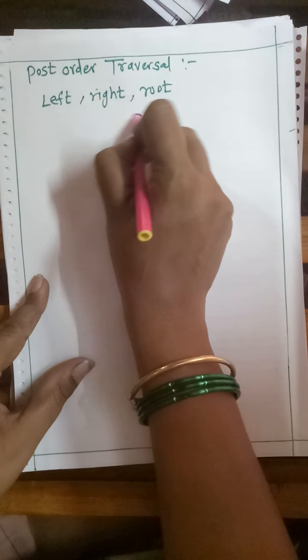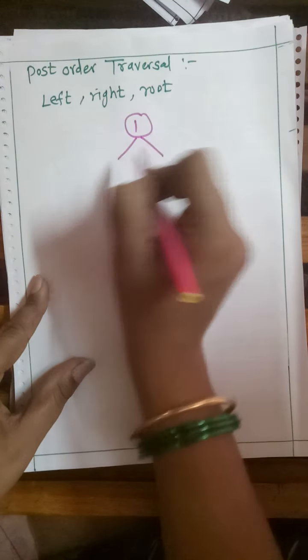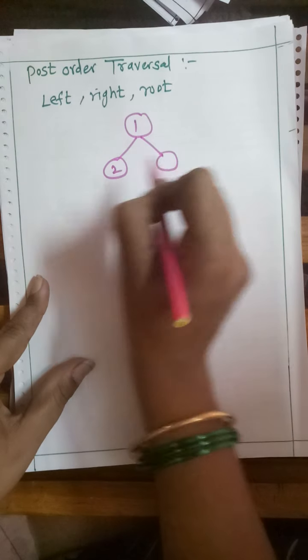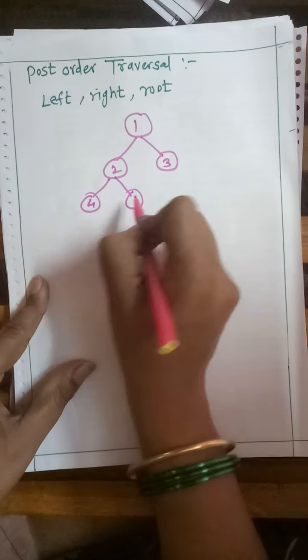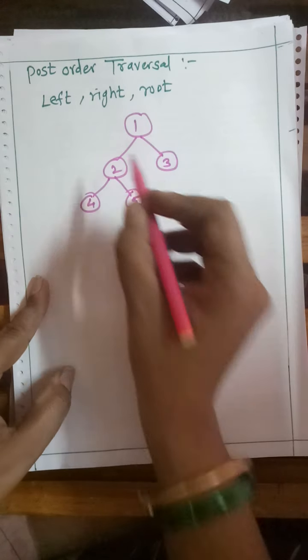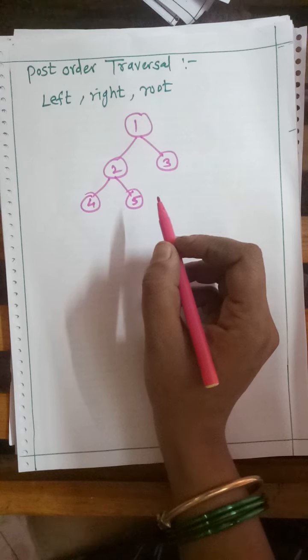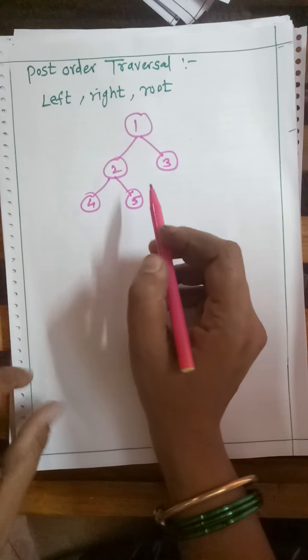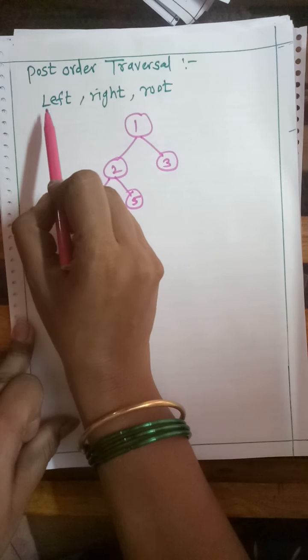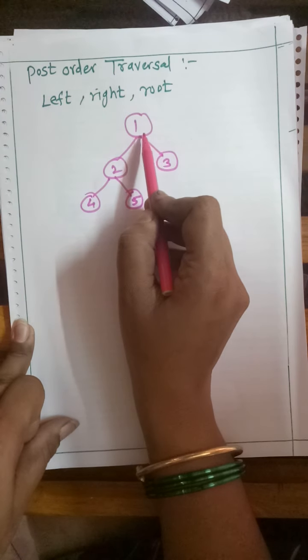So again consider, friend, this same example. Here 1 has two children, child nodes 2 and 3, and 2 has again two children 4 and 5. Now this tree will be traversed in the post order way. In post order, we take the root at last. First we visit the left node. 1 is the root node.